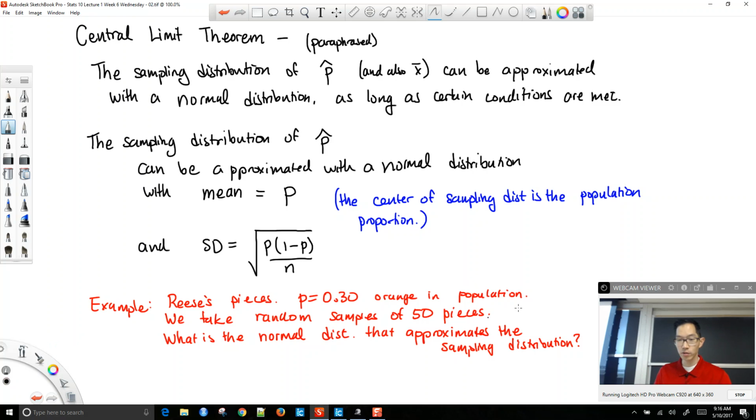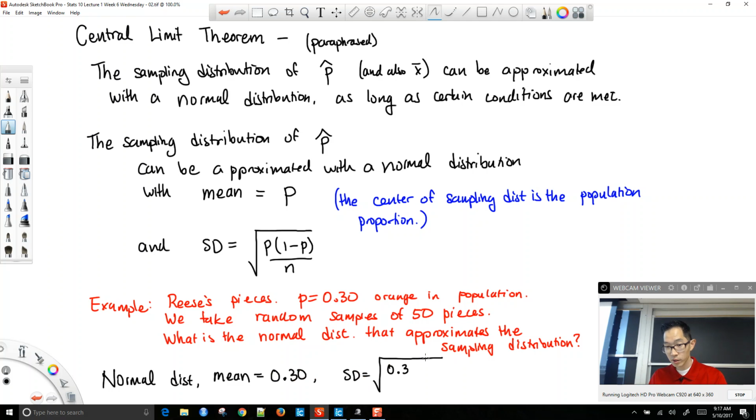And so the normal distribution that approximates the sampling distribution is just a normal distribution where the mean is equal to p, 30%, and then the standard deviation is equal to the square root of p, 30%, times 1 minus p, divided by n, which is 50.